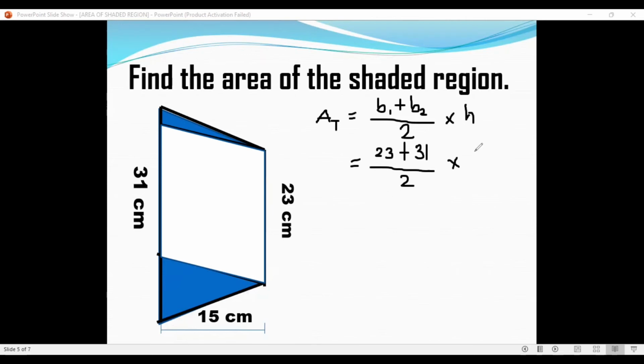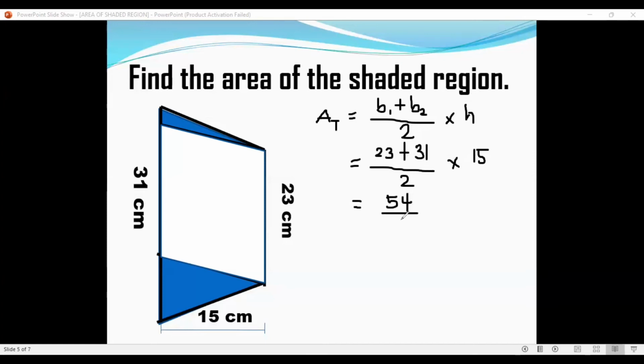So we have here 15. I did not write the unit of measure, but make sure that after finishing the solution, you will be writing them correctly. And then you can try to check if you can cancel the 2 with the height. It's not possible, so therefore, what you are going to do is to continue with the operation. So 23 plus 31, we have the answer, which is equal to 54.